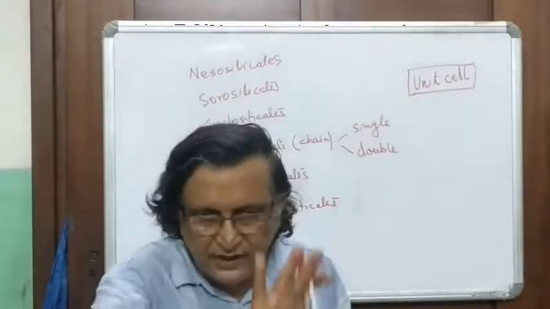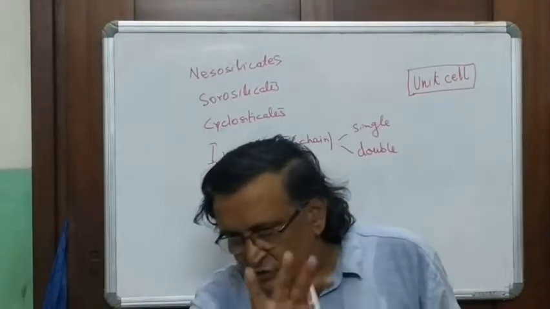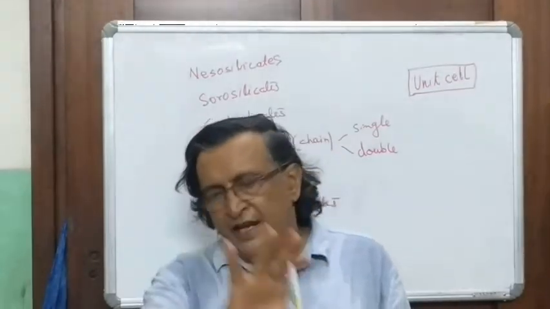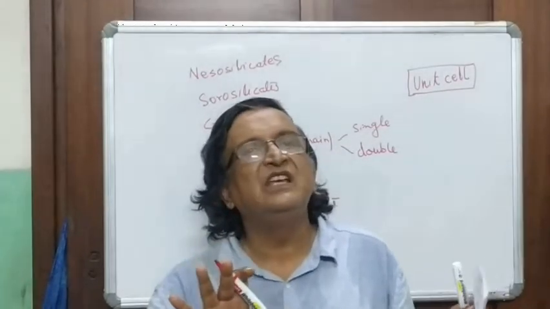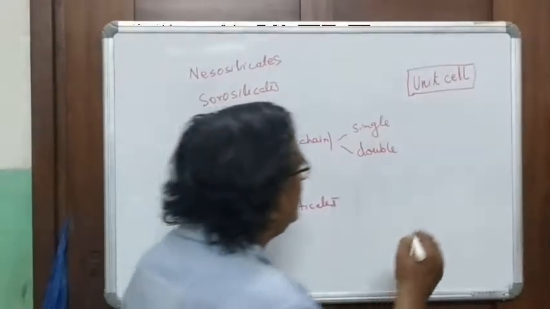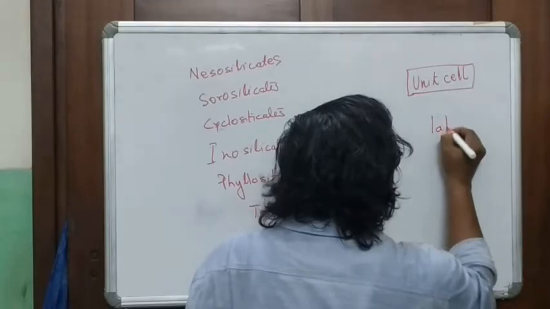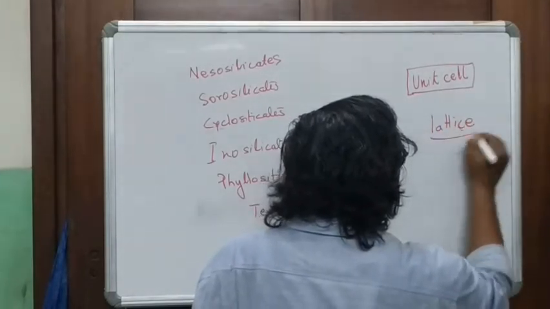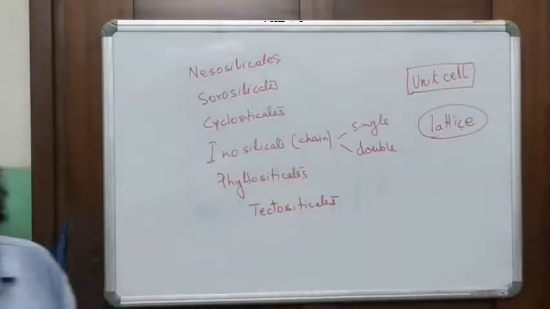If you shift the unit cell laterally, that orientation of the unit cell is uniform throughout a particular single crystal. Have you understood? That is what we call the crystal lattice.